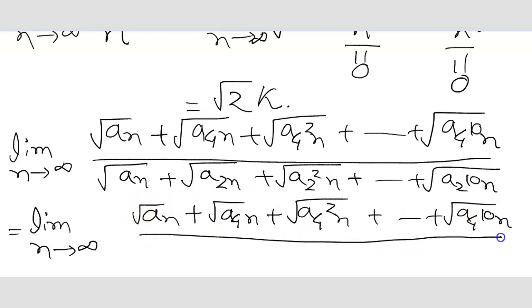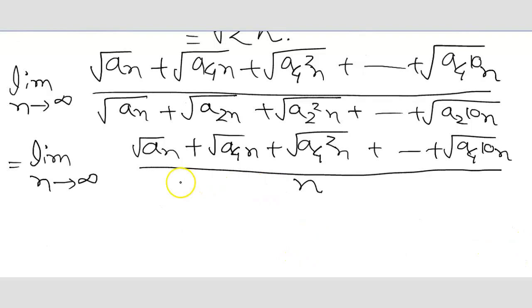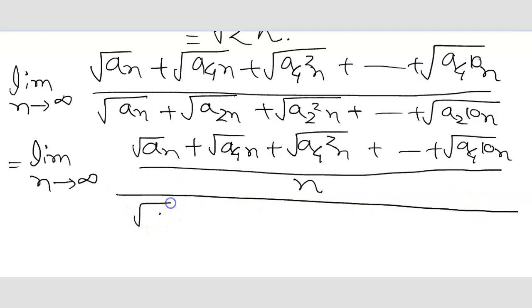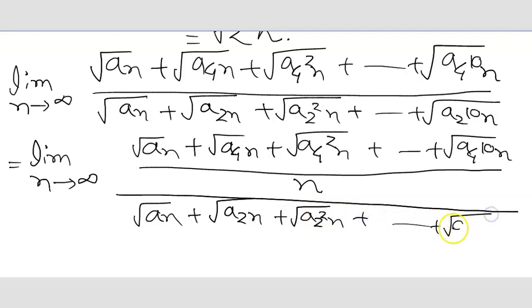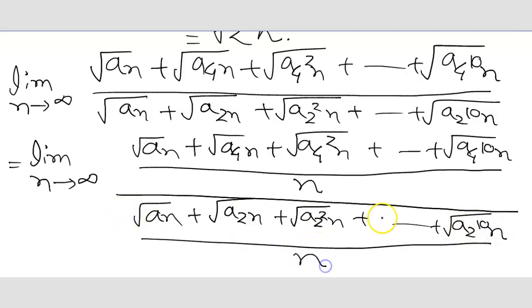And we divide this whole thing by n, and the beside things also by n. This will not affect the limit, but what is our help in this case?